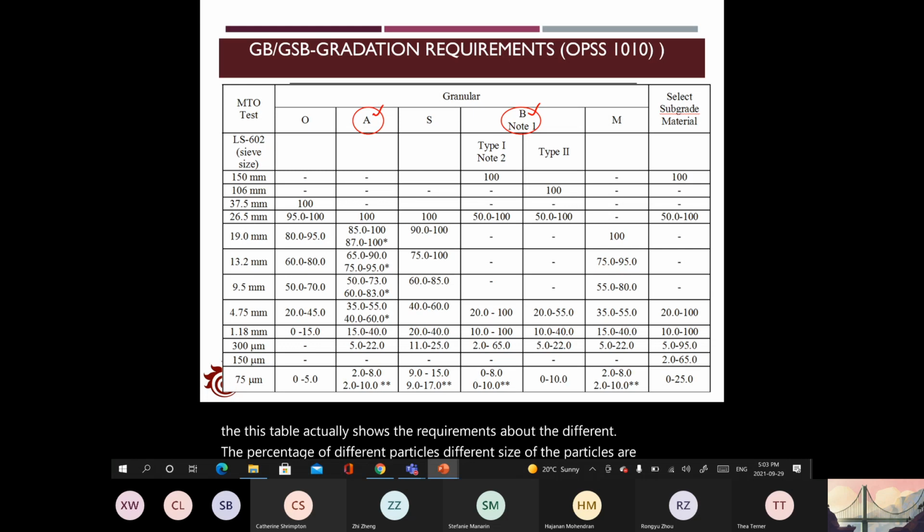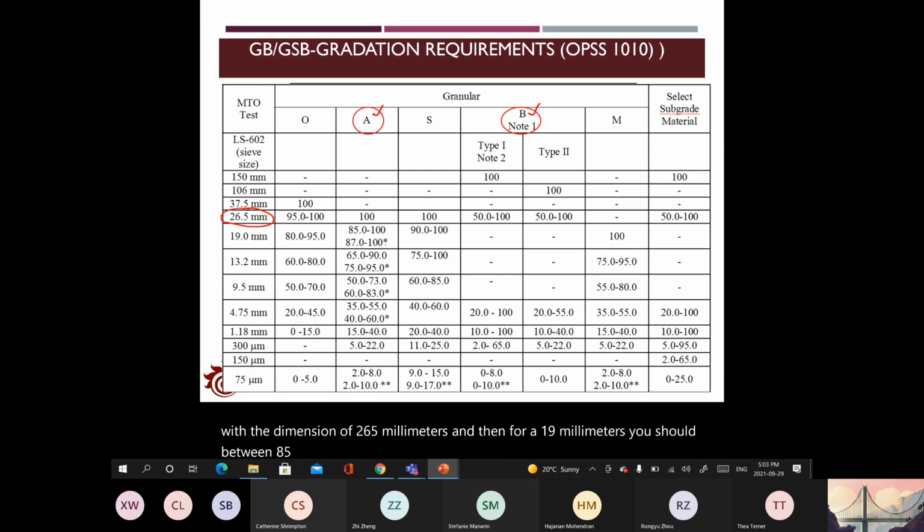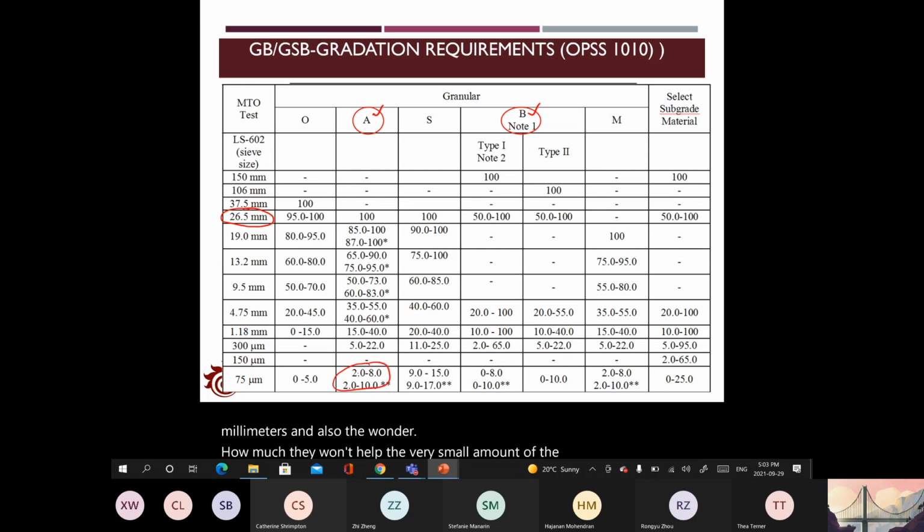For example, Granular A should have all the particles passing through the sieve with the dimension of 26.5 millimeters. And for 19 millimeters, it should be between 85 to 100 percent. And for some situations, it should be between 87 to 100 percent. They also want a very small amount of fine particles, so particles passing through the 0.075 millimeter sieve should be between 2 to 8%.